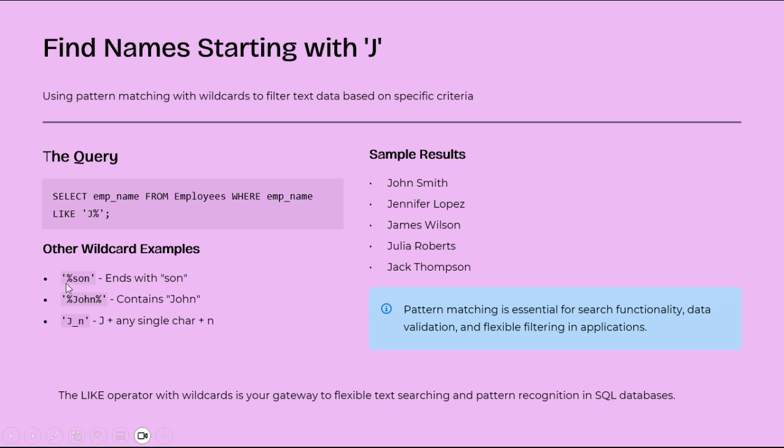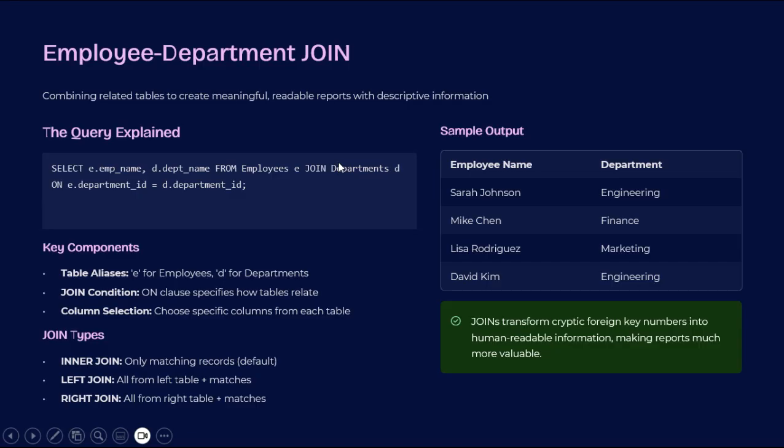Other wildcard examples: percentage son, which ends with son; percentage John percentage, which contains John in between the names; J underscore N, J plus any single character plus N, right? So pattern matching is essential for search functionality, data validation and flexible filtering in applications. The like operator with wildcards is your gateway to flexible text searching and pattern recognition in SQL databases. Let's move to the next.